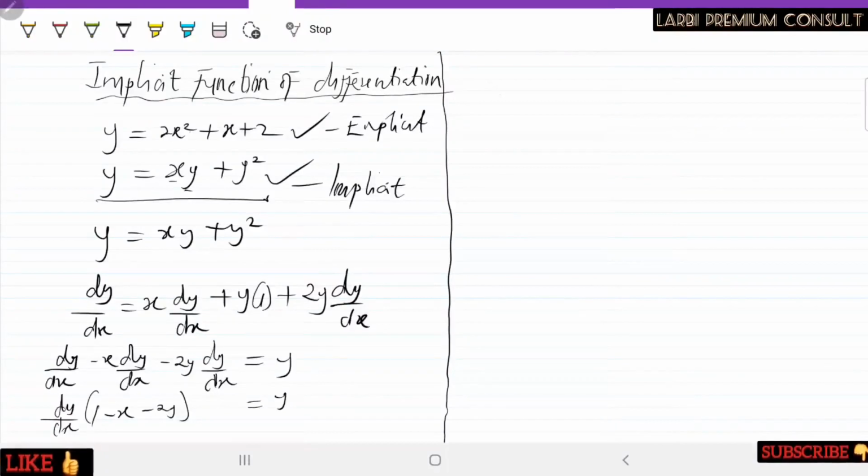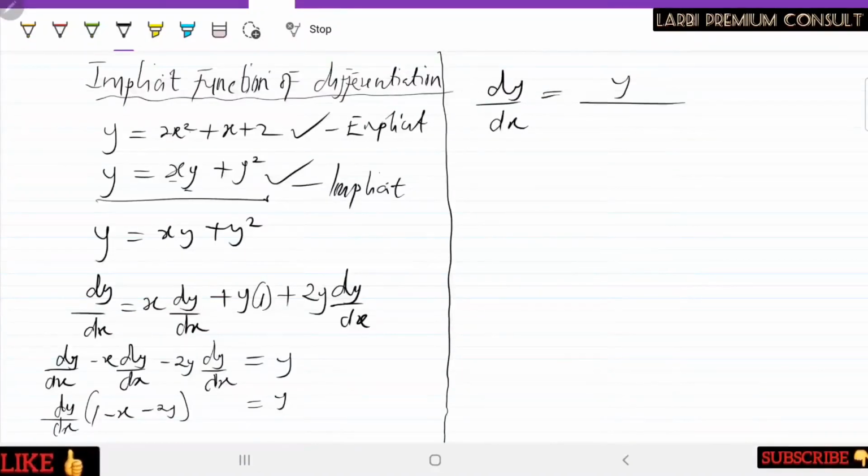Y. So therefore I can say that my dy over dx is going to be y all over 1 minus x minus what? 2y in this case, and you are done. So that's going to be your dy over dx. Then you are done.